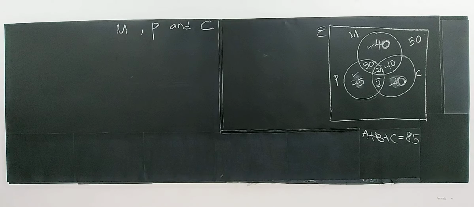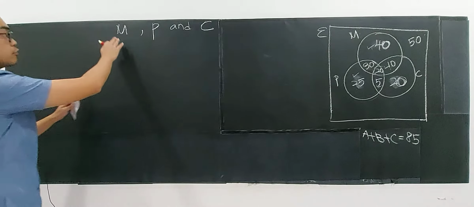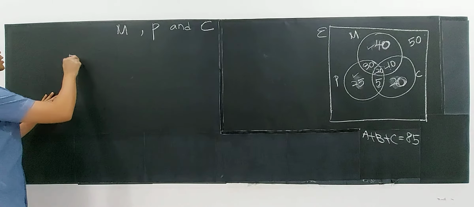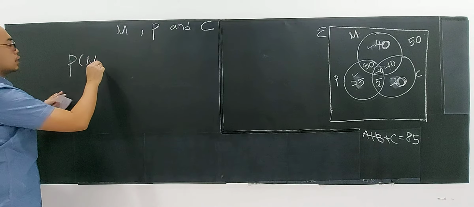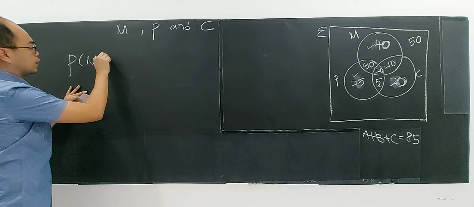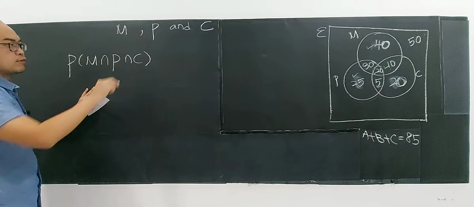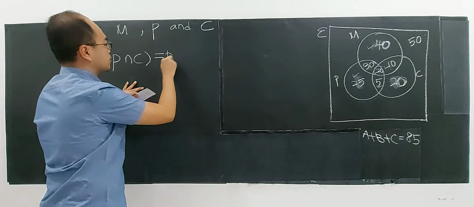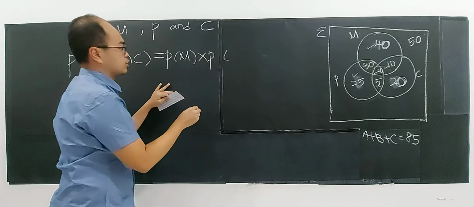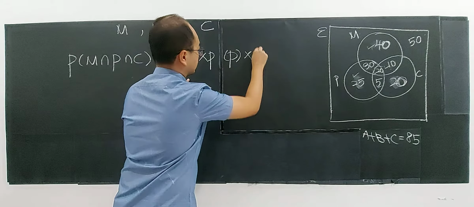Based on the multiplication law of independent events, if these three events are independent, the probability of the intersection of the three events must be the same as the multiplication of the respective probabilities of mathematics, physics, and chemistry.